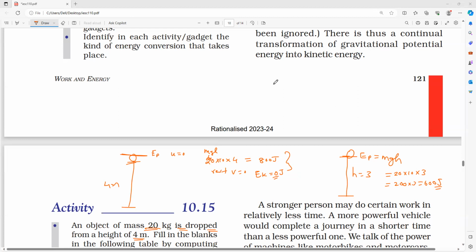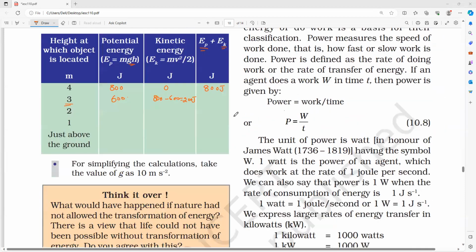Do you understand, everybody? So the potential energy lost here is 200. 200 plus 600, how much is the answer? 800 joules.